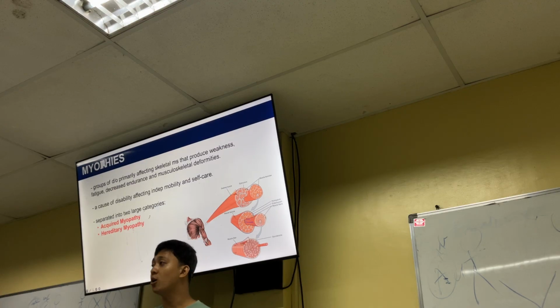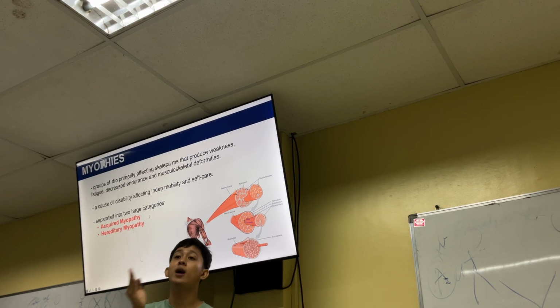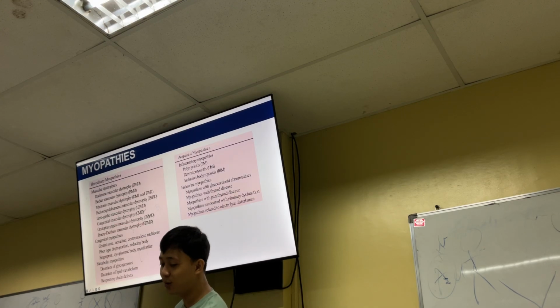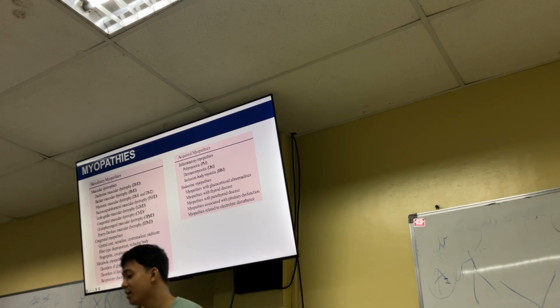Acquired is when the patient develops or is diagnosed with it because of exposure to certain chemicals or whatsoever. When it comes to hereditary, it's present from your mother or father or from your grandparents, or from ninong-ninang.